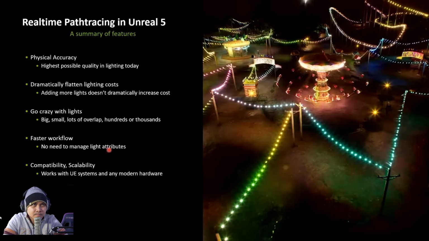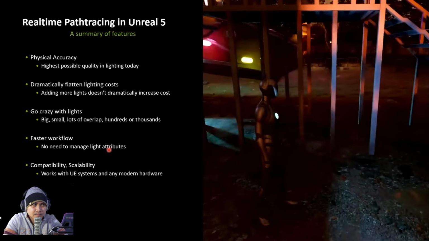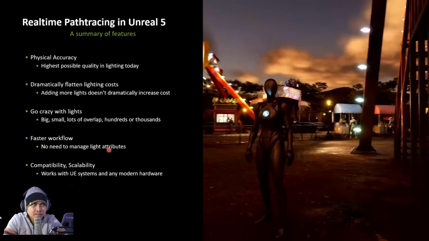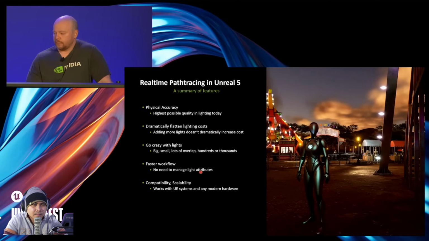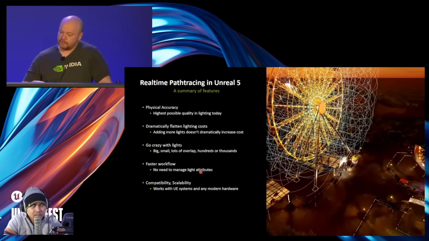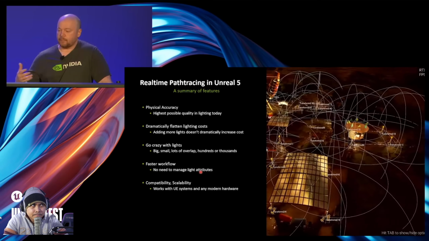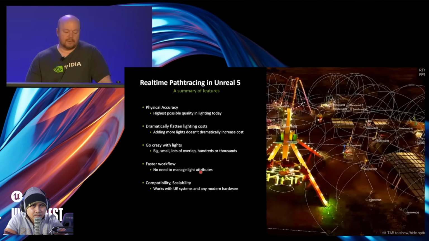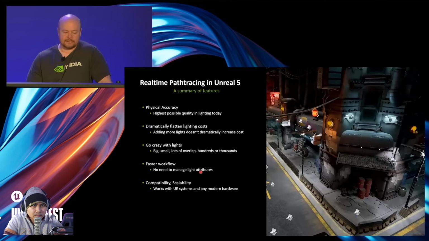So you have broad platform compatibility, and scalability in the sense that we build it in with Lumen. So you can use, for example, software ray trace Lumen at the low end, and then with some toggles for high-end hardware, you could enable path-traced GI and have that high-end look for like an RTX 4090.